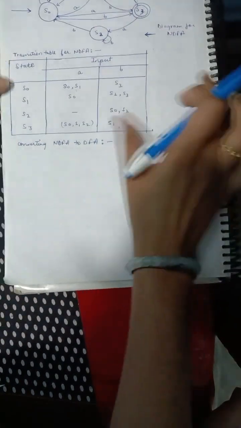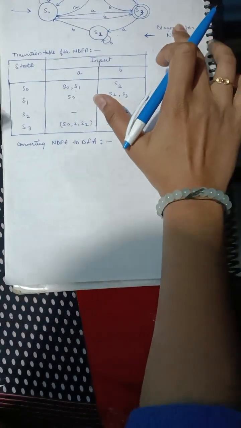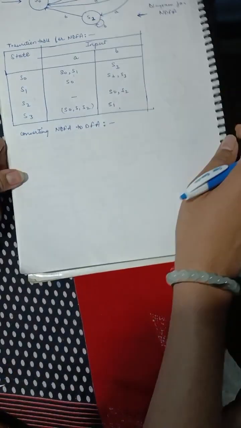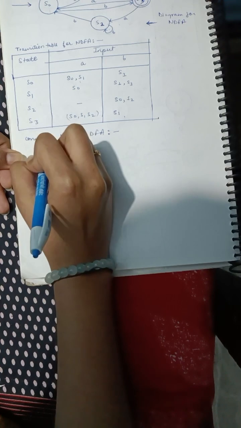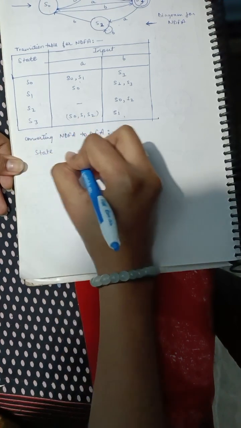Now for converting this NDFA into DFA, what we will do, we will make a table like this.